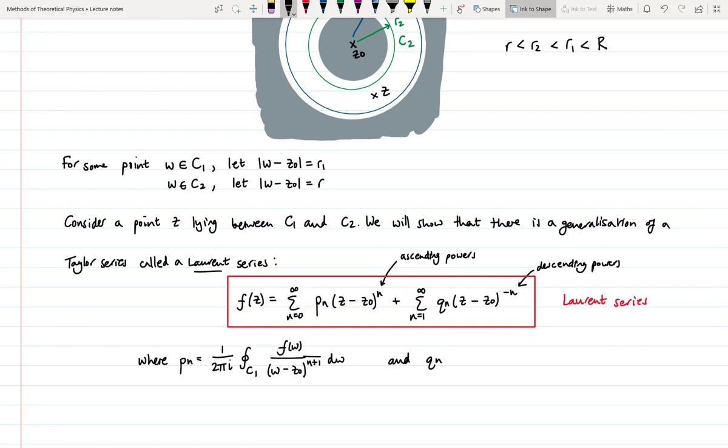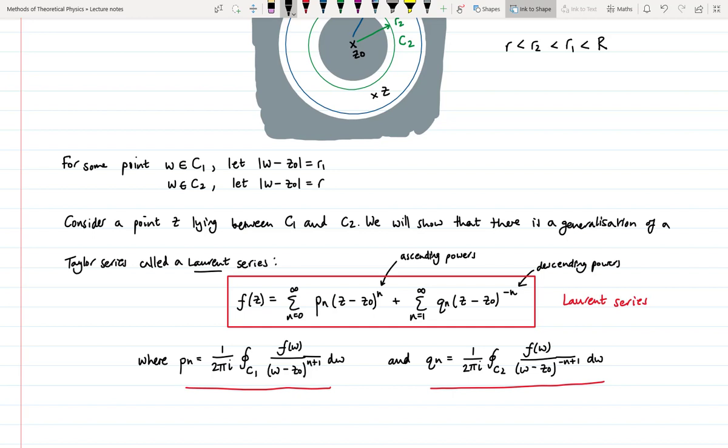These other coefficients qn are given by 1 over 2 pi i, the integral, now around the green contour C2, of f of w over w minus z0 to the minus n plus 1, where now the integration variable w lies on the green circle. These expansion coefficients are something that we're going to derive later.